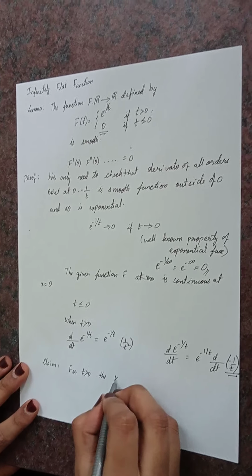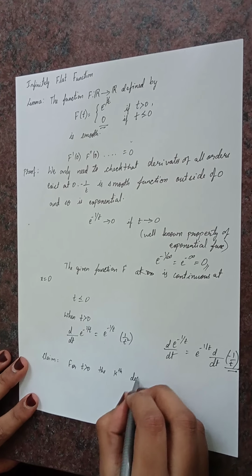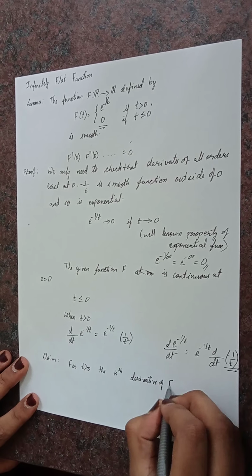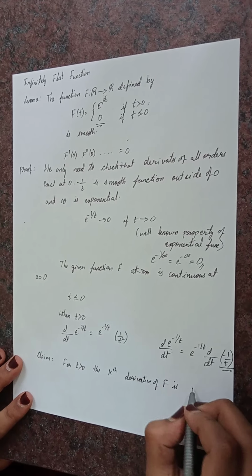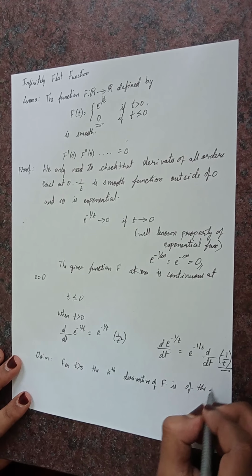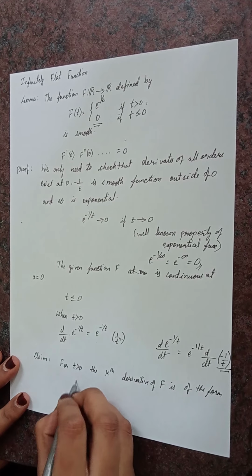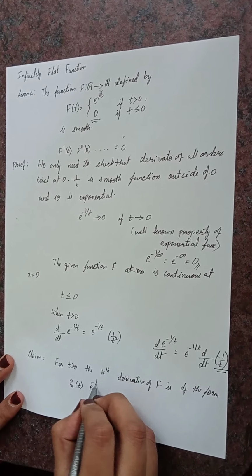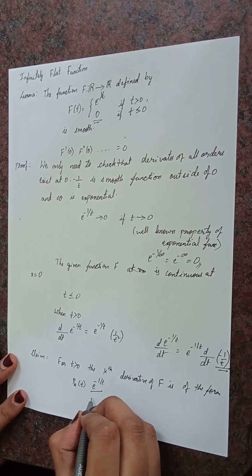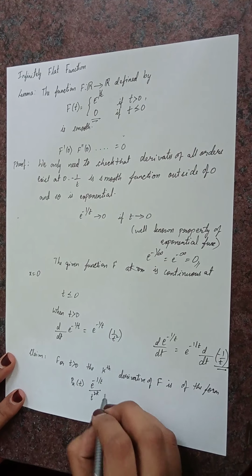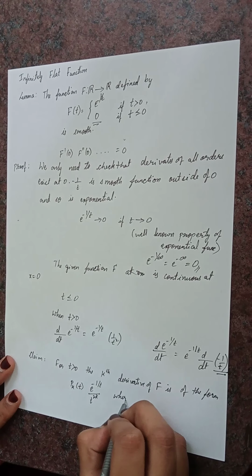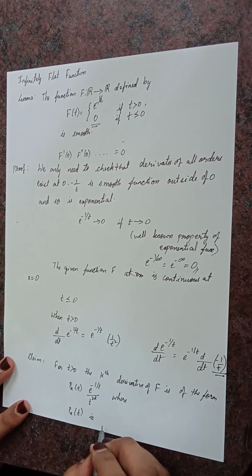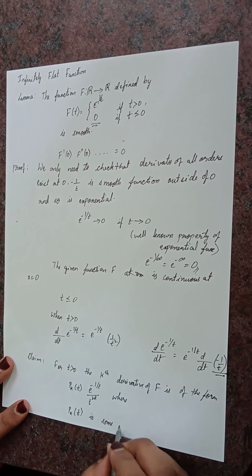The kth derivative of f is of the form pk of t into e power minus 1 by t divided by t power 2k, where pk of t is some polynomial.